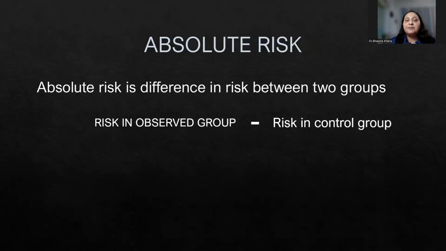Absolute risk is the difference in risk between two groups. So it is the risk in the observed group minus the risk in the control group. Now we know how to calculate the risk in the observed group.